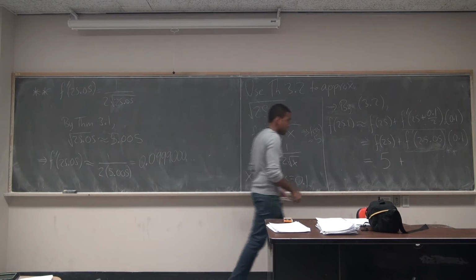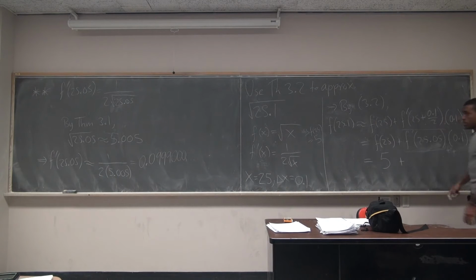Okay. So now that we have that, we come back here, we plug this in. So we're going to have 0.099900. Let's leave that off. Times 0.1.